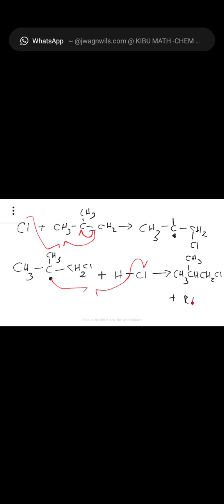And then we have a hydrogen that has added. And then lastly, we have CH2Cl. That's the first compound that we have. The second compound is a chlorine radical.